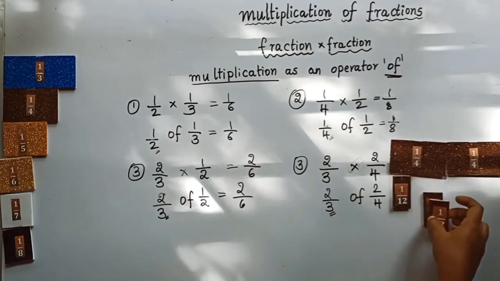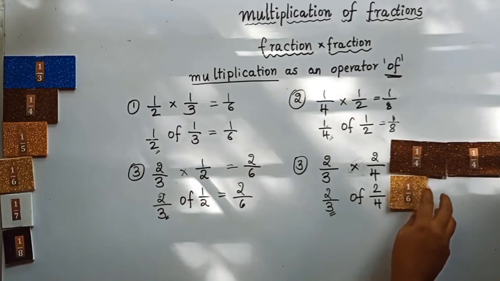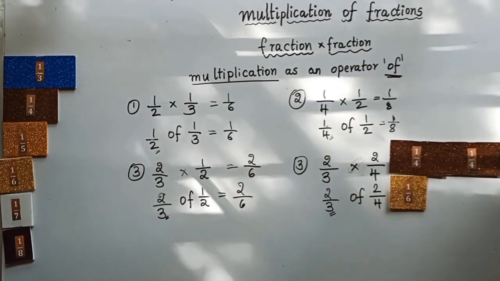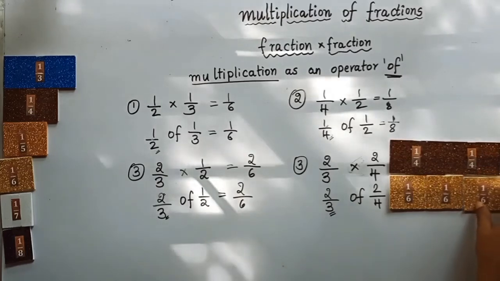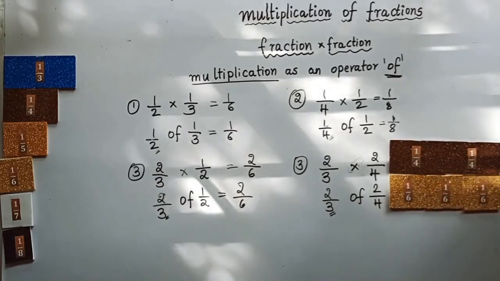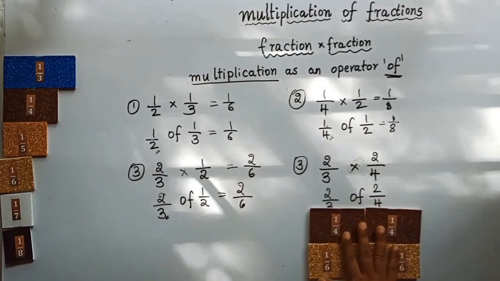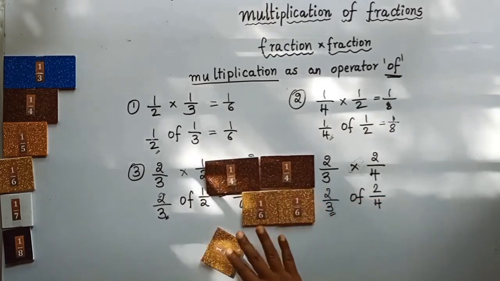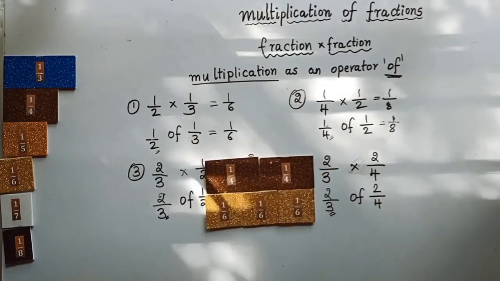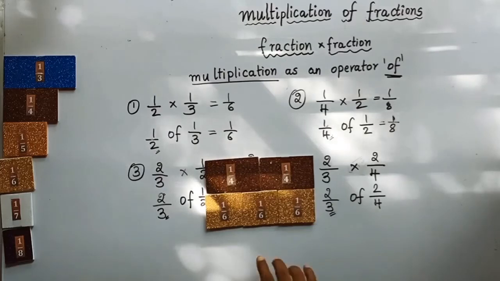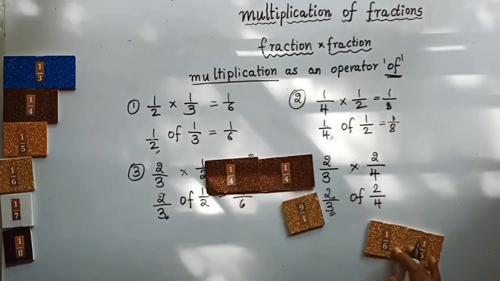It becomes 6 parts. So I have to take 1 by 6 so that I can divide 2 by 4 into 3 equal parts. Now we have to take how many parts? 2 parts.